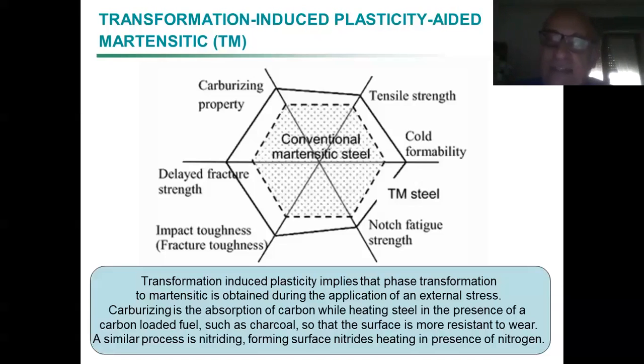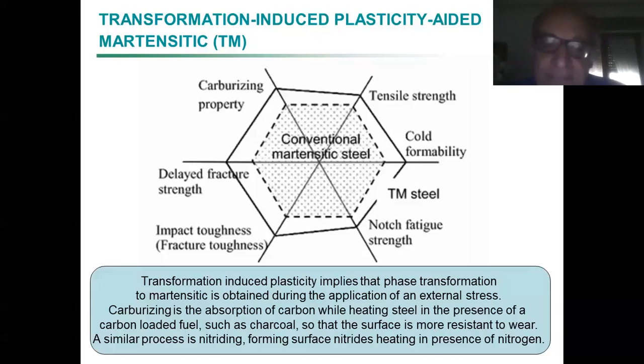So if the failure is going to be abrupt or not. So these are the factors which you study to see if there is a point to have a transformation using plasticity magnetic.